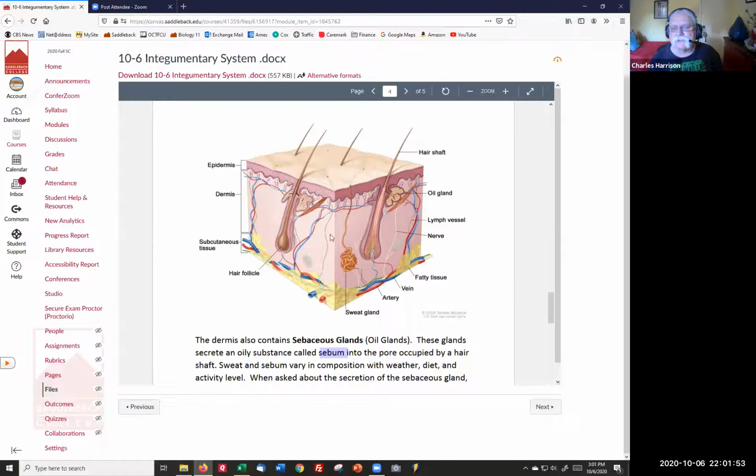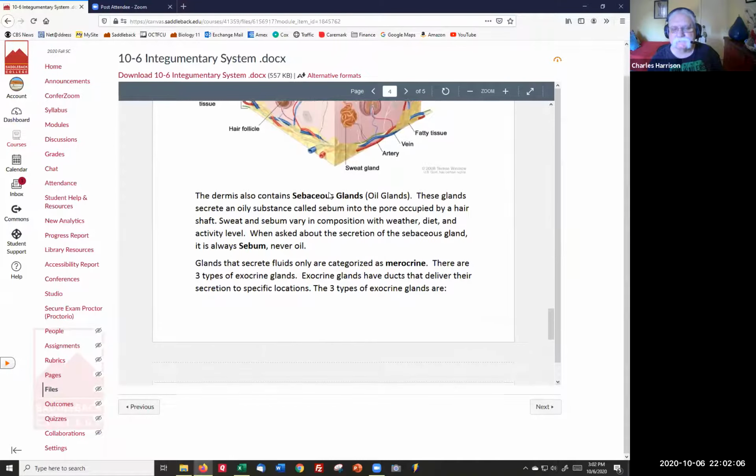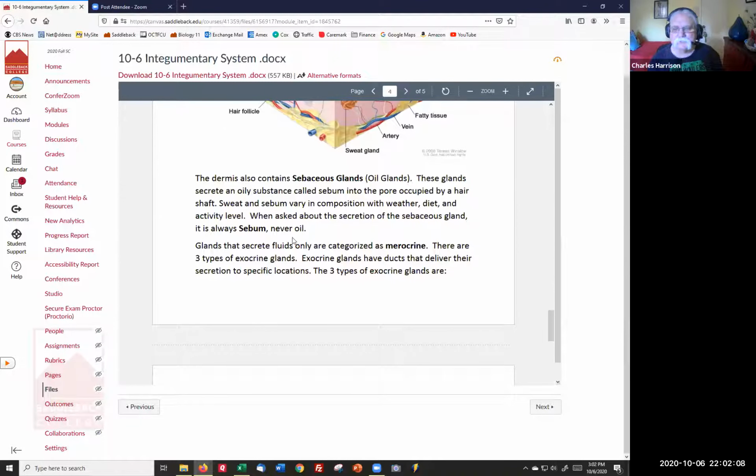Fortunately, we don't have 5 types of the epidermis like we do 5 types of dermis. A gland that secretes a fluid only is said to be merocrine.